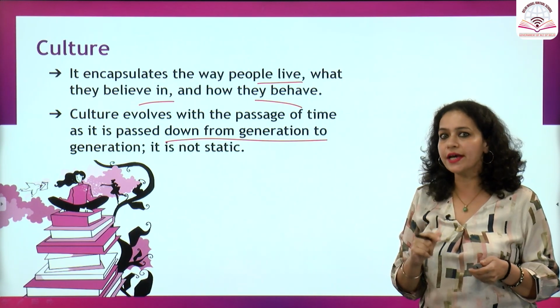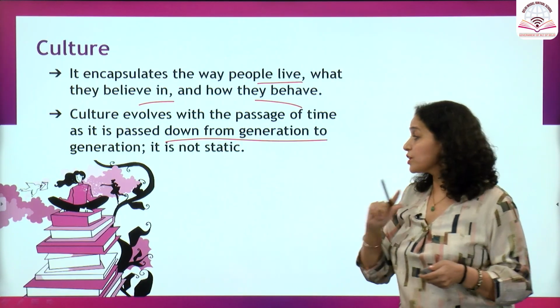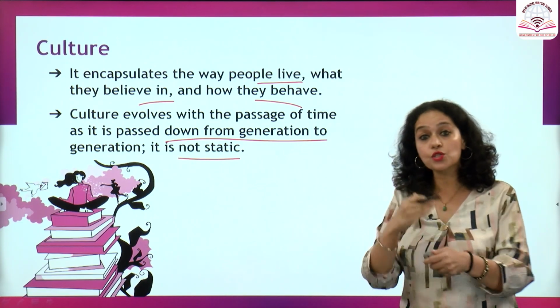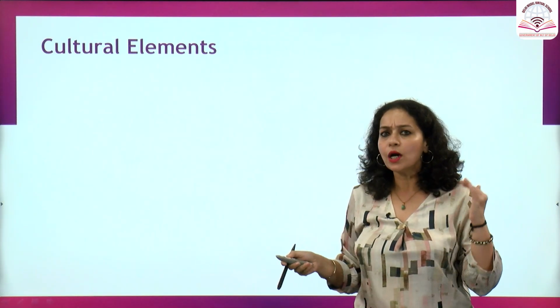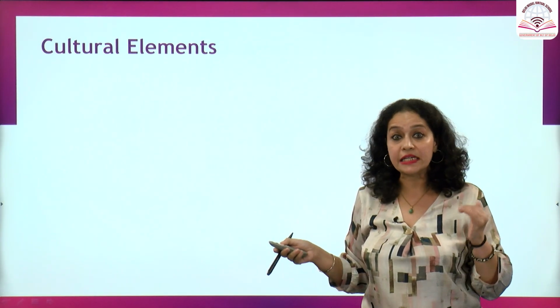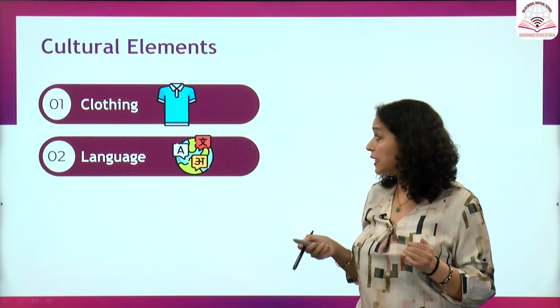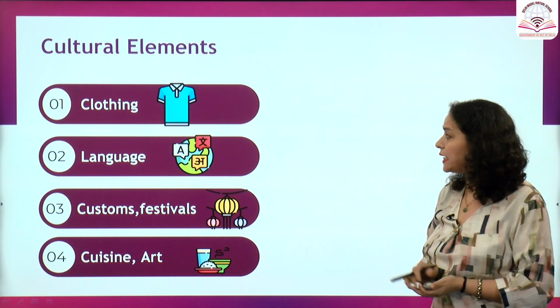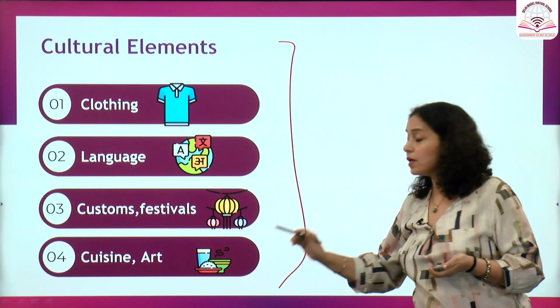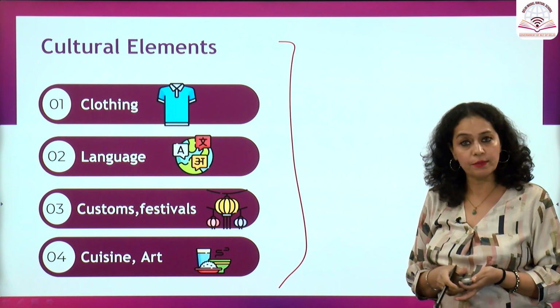The catchword here is that culture is not static, it is always evolving. And if we want to see what cultural elements entail, we have clothing, language, customs, festivals, cuisine and art. All these form part of cultural elements.